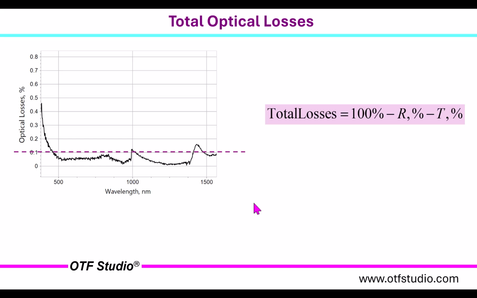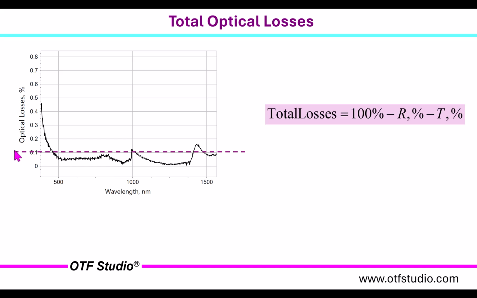Total optical losses can be estimated as 100% minus reflectance minus transmittance in percent, and ideally reflectance and transmittance are measured at the same incident angle and at the same spot of the sample. If high-quality super-polished substrates are used, it's possible to neglect scattering losses.